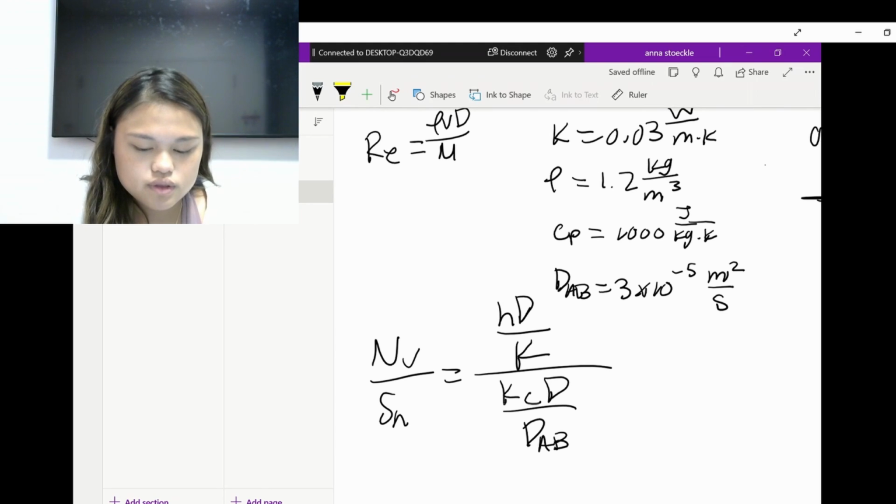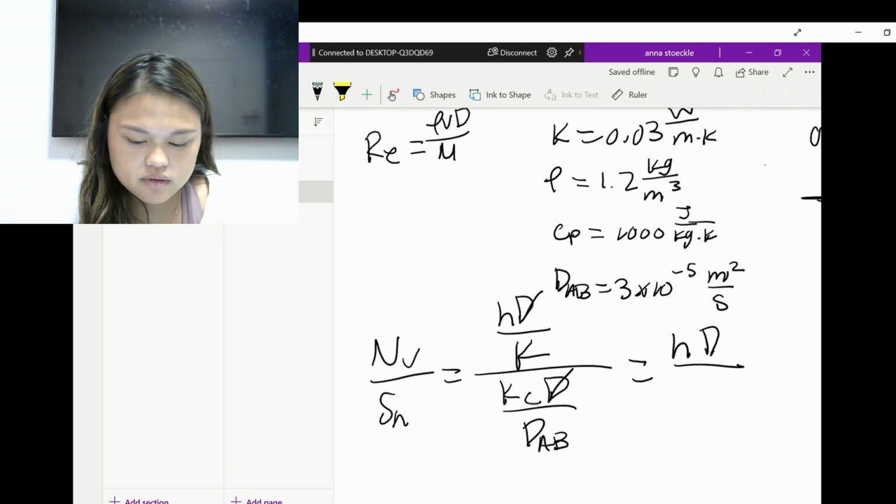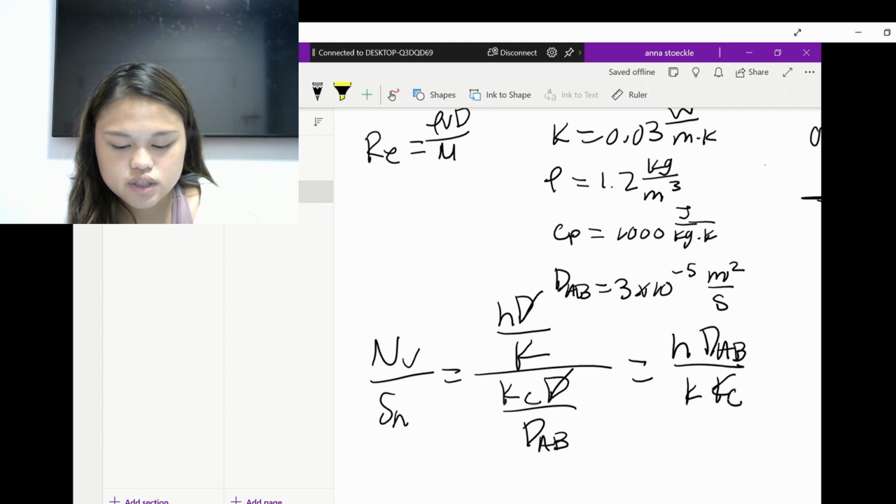So you cancel those, and then you are left with H, diffusivity coefficient, C, so that mass transfer coefficient, and the thermal conductivity.